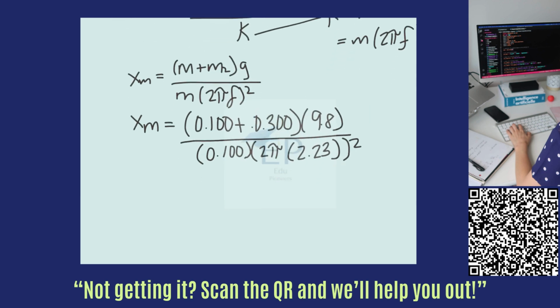Plugging all of those numbers in, you should get that your xm equals 0.200 meters, or 20 centimeters.